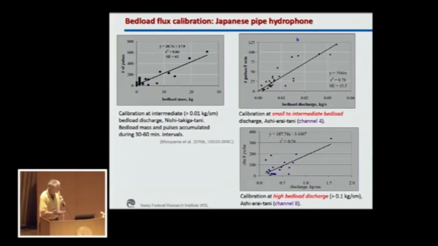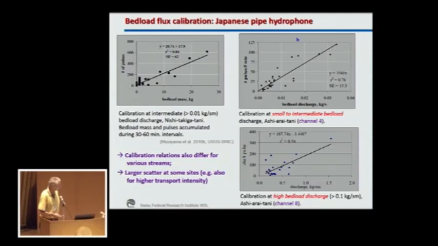So it's a little bit similar. And you can see that also the quality of the calibration relationship varies from site to site, of course, and also to some degree on transport intensity.